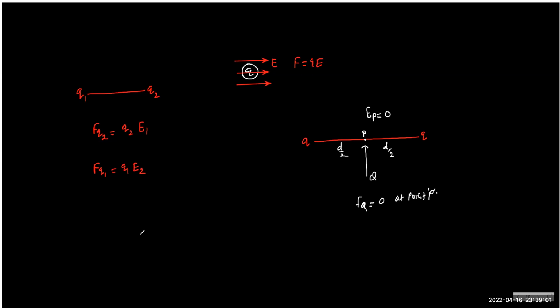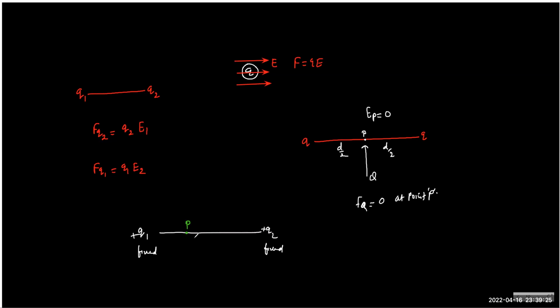Similarly, if you remember, we were solving a question where Q1, Q2 are two fixed charges. Let's say both are positive. Somewhere in between, we will have a point at which the field will be 0.